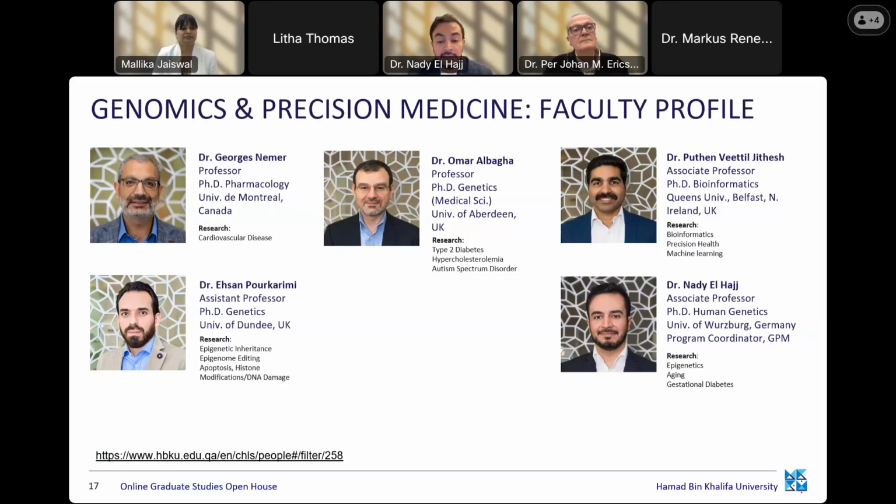So in this slide, I'll introduce you to the faculty affiliated with the Genomics and Precision Medicine. There's Dr. George, whose main area of research is in cardiovascular disease. Dr. Omar Al-Bagha, who mainly focuses on type 2 diabetes, hypercholesterolemia, and ASD. Dr. Jitesh, who focuses on precision health and machine learning.